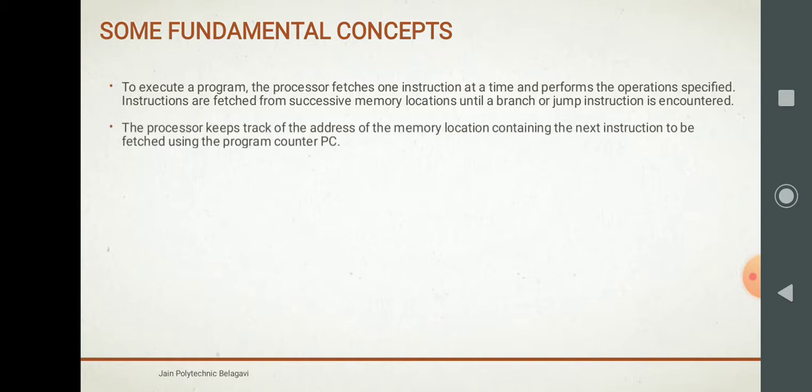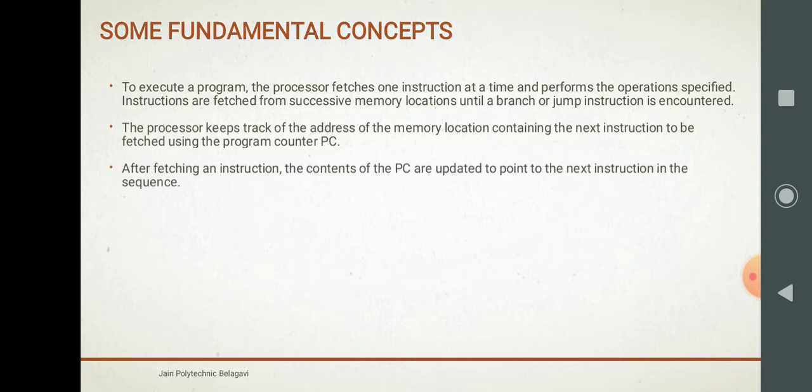Now the processor keeps track of the address of the memory location containing the next instruction to be fetched using the program counter, PC. Suppose the processor has fetched one instruction. Once it has fetched the current instruction, the program counter will get incremented to the next memory location, which contains the next instruction to be executed.